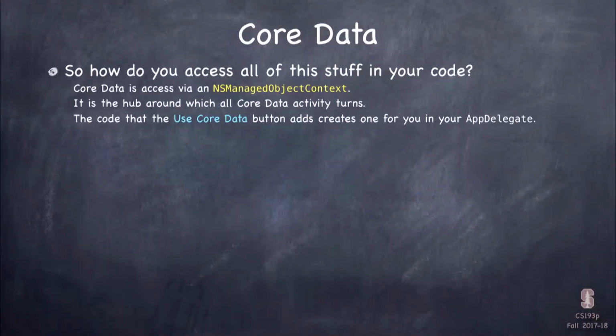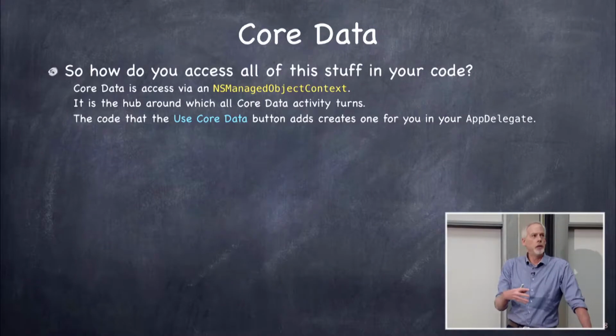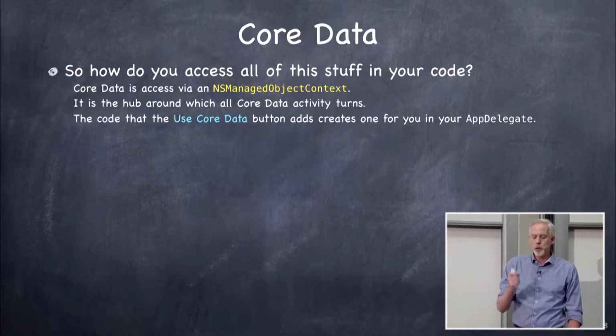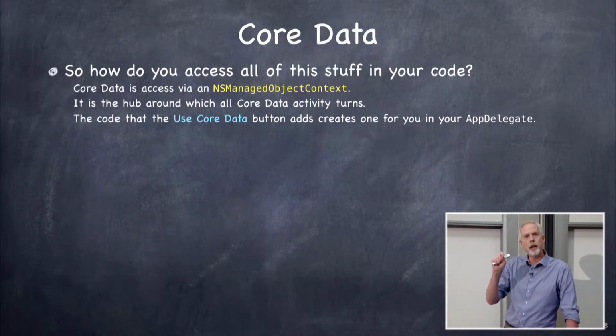So let's look at what it kind of looks like to do this in code so you get an idea. Again, I'm not trying to teach you how to do Core Data here, just to give you an idea what it looks like. The most important thing about Core Data to understand is that we access all of it from the code using an NSManagedObjectContext. So this context is key, and there are 2 ways to get this context. One, you know how when we created a project, there was that little switch that said use Core Data? You remember that?